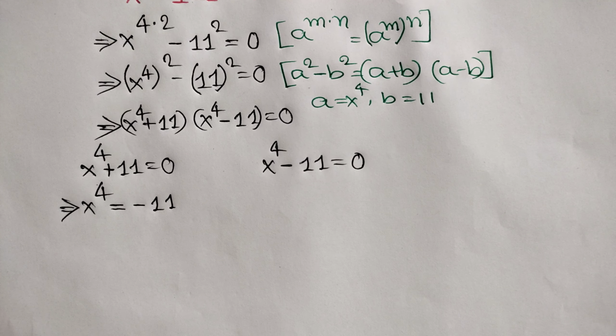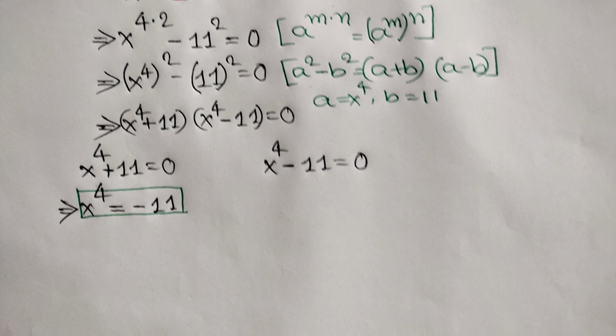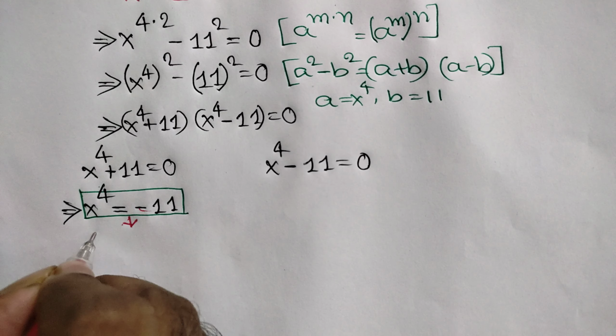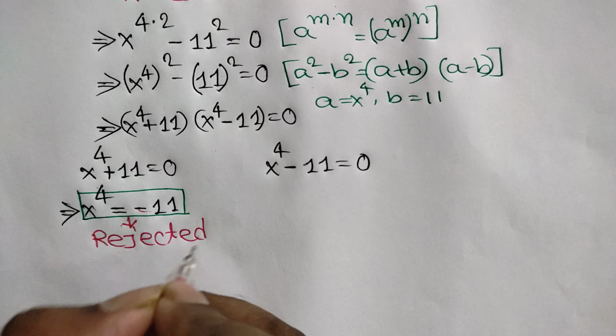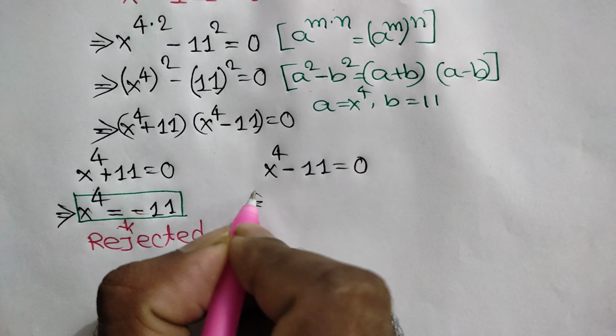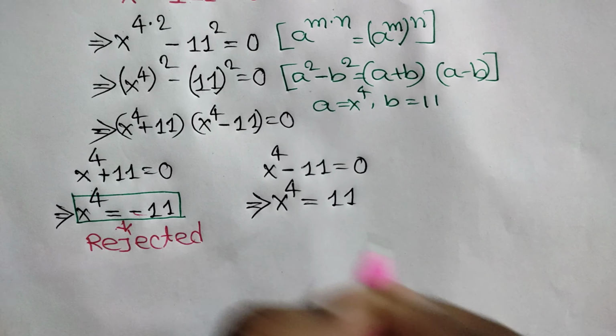But this is rejected because this is a negative value. Then from here we can write x to the power 4 is equal to positive 11.